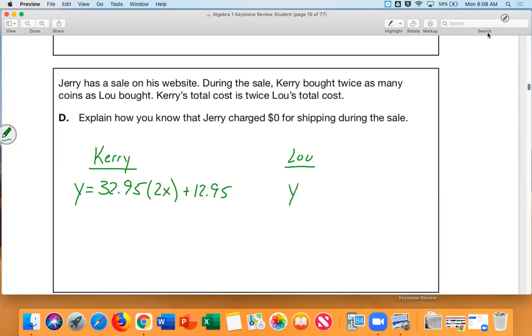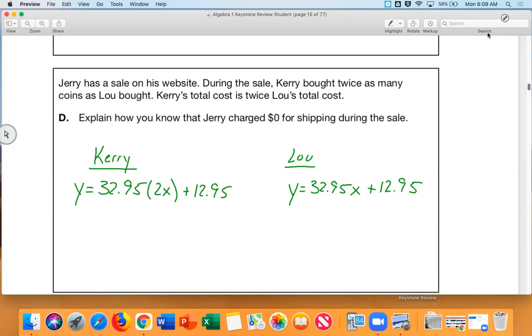Lou bought X coins at 32.95 plus the 12.95. Now we talked about this. We have the price of the coin and we have the 12.95, the shipping cost. And it says that Carrie paid twice as much as Lou. But the thing is this.